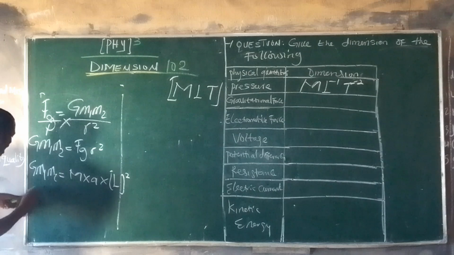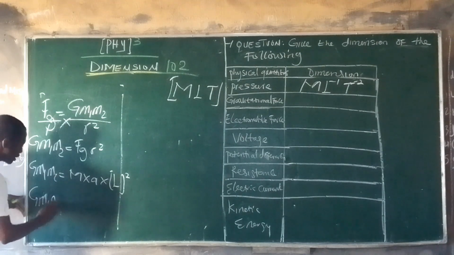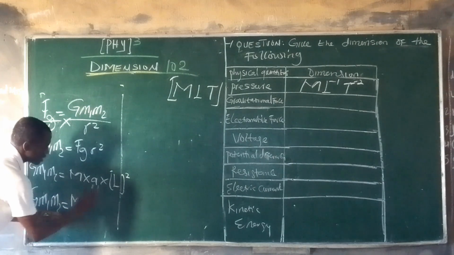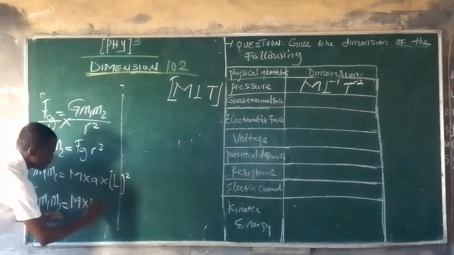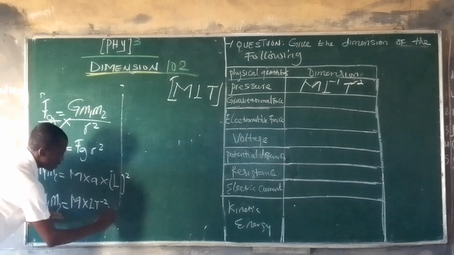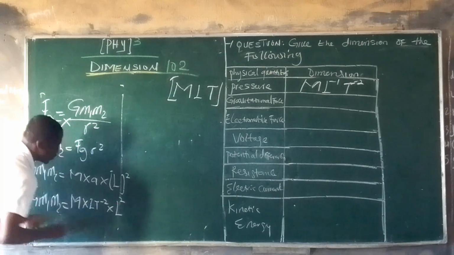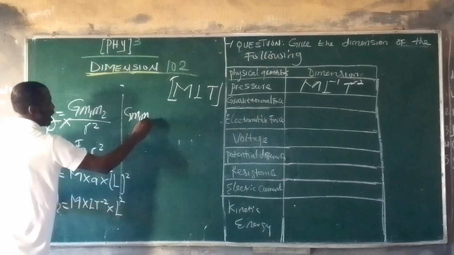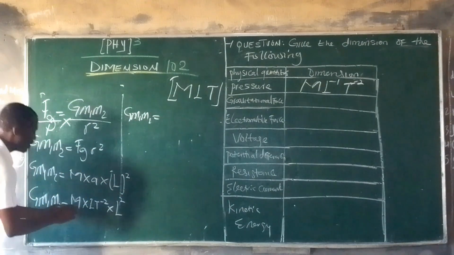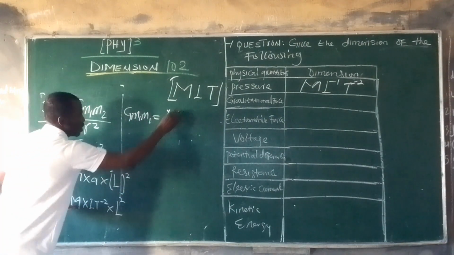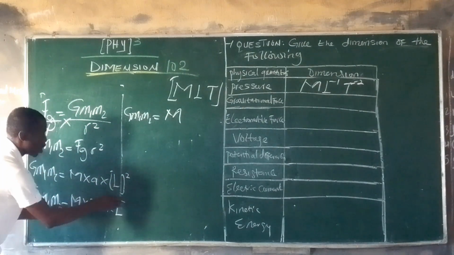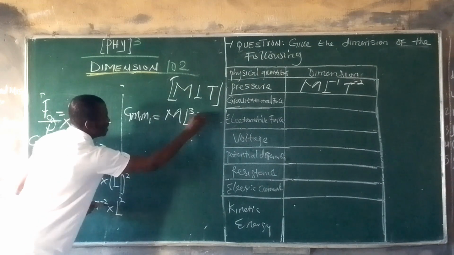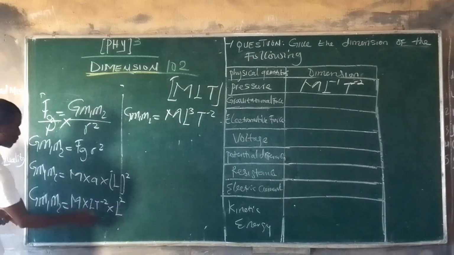Having done that, we can now have that G M1 M2 is equal to M times the acceleration, which is LT minus 2, and then times L to the power of 2. We know that G M1 M2 will be equal to M, and then we have 1 plus 2, which is 3, L to the power of 3, and then we have T minus 2 from this expression.